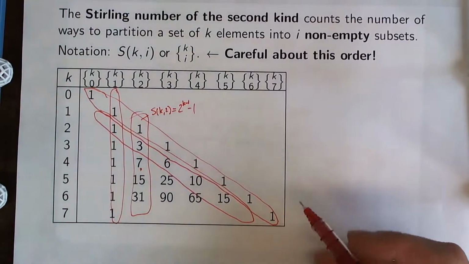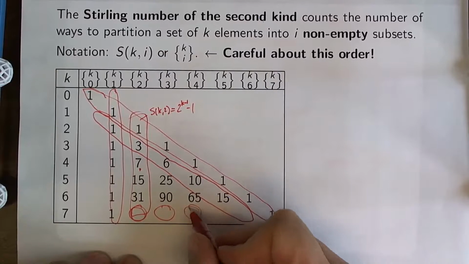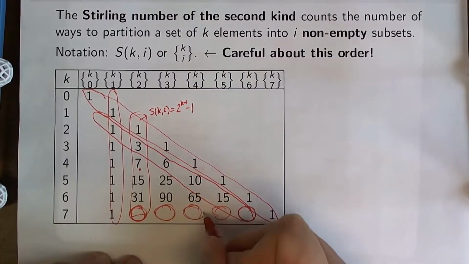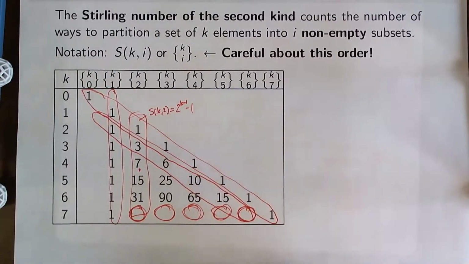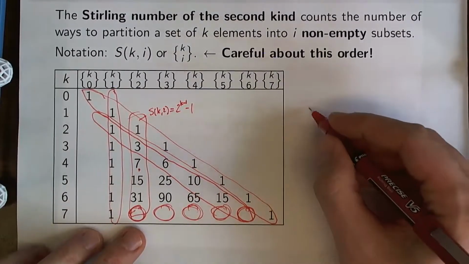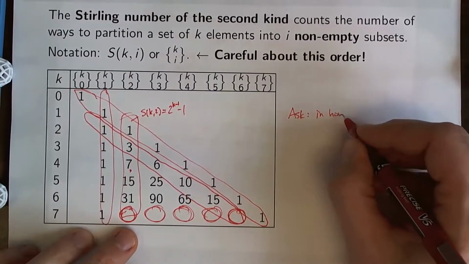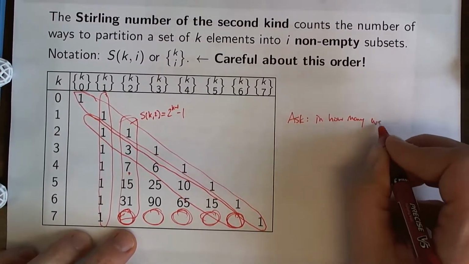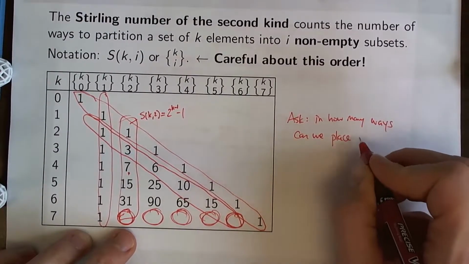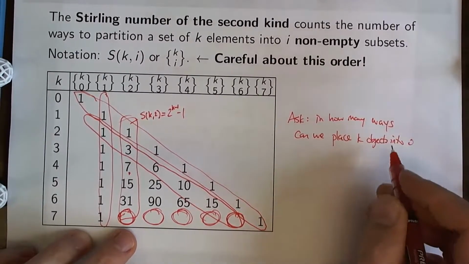But one thing we could do is figure out a recurrence relation. Just like we found a recurrence relation for Pascal's triangle, we can come up with a recurrence relation and fill in the rest of these places. And so the way to do that, let's ask in how many ways can we place k objects into i boxes?